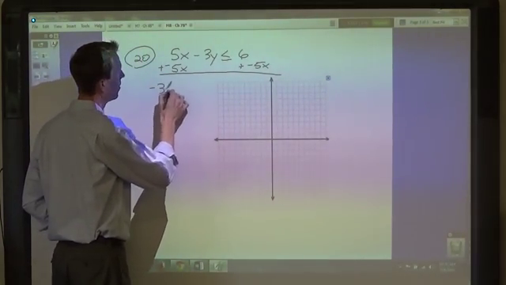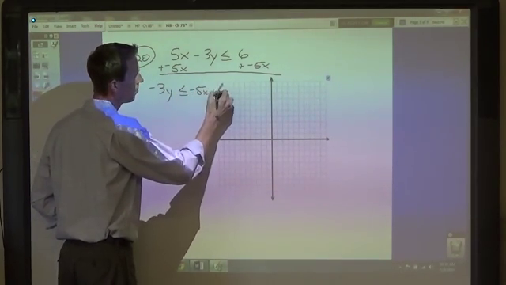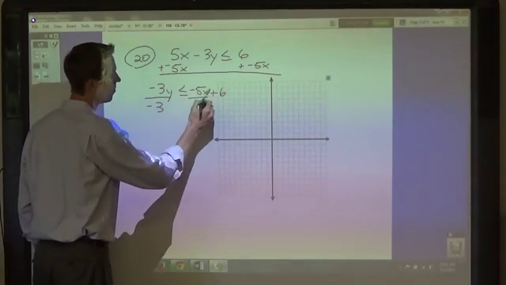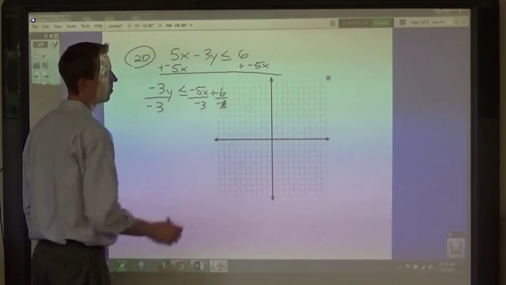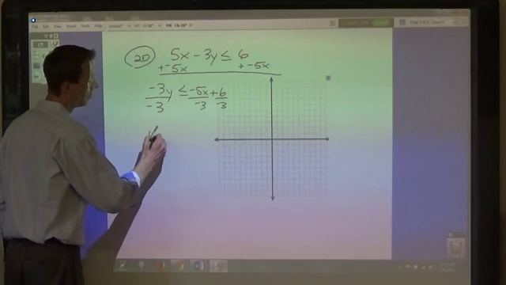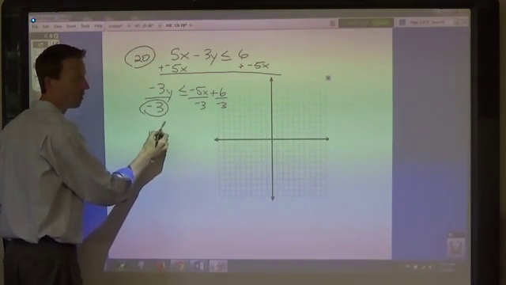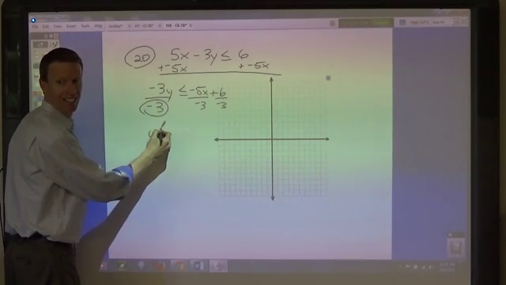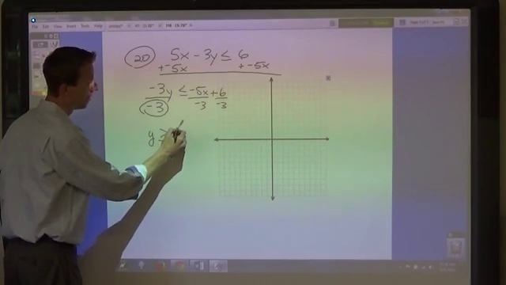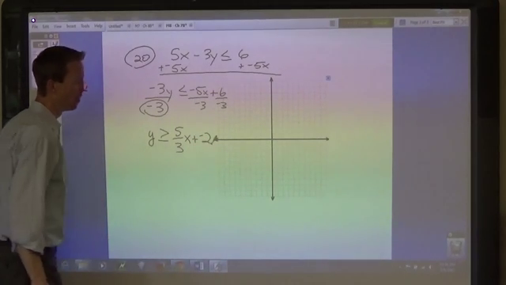First we have to rewrite it, and divide everything by -3. So y is less than or equal to, no, it's negative, so we have to flip it. Y is greater than or equal to 5/3 x plus -2. Good.